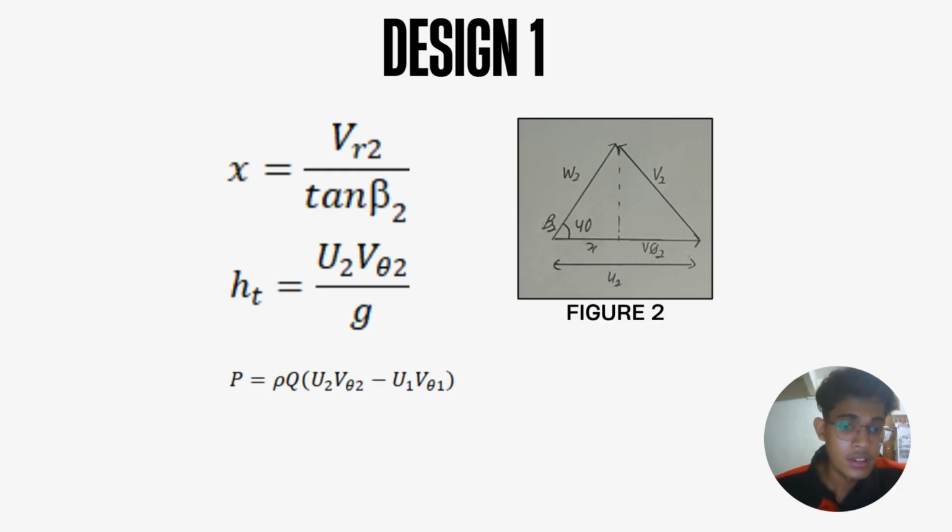So the equation is P equals rho Q multiplied by U2 V theta 2. And we just insert the values, and we got the power for design 1 is 688.56 watt.